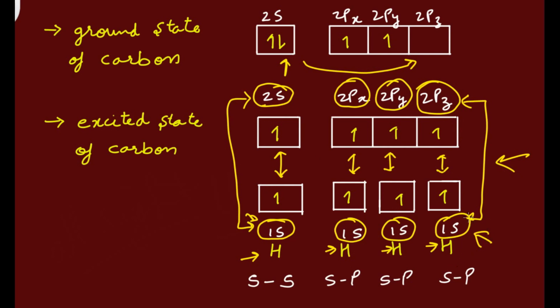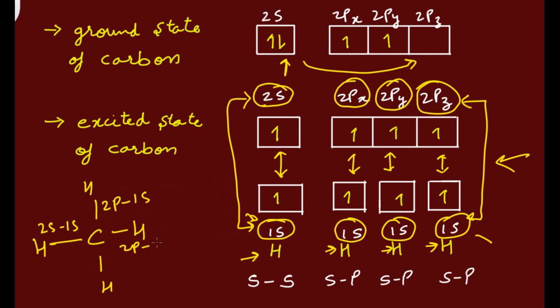Now according to valence bond theory, if this kind of bond formation takes place, then there must be two types of bond in the methane molecule. One of type 2s-1s, and the other 2p-1s, 2p-1s, 2p-1s.